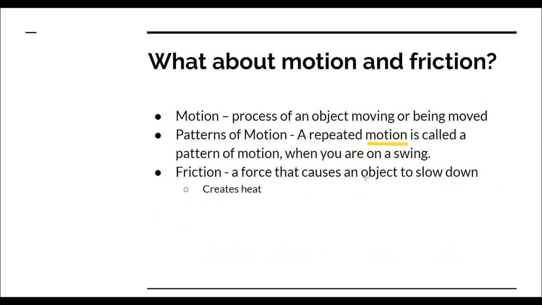Friction is a force that causes an object to slow down. When friction is applied to an object, it creates heat. So think about when you move your hands back and forth really fast, it creates heat. That is friction acting upon your hands.